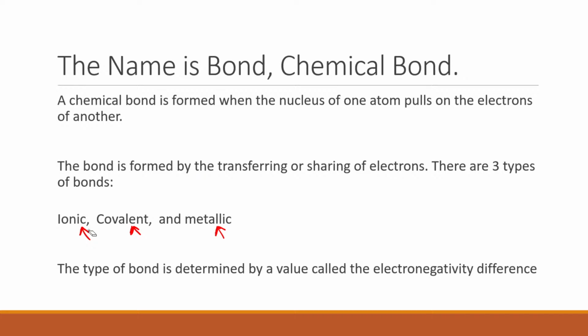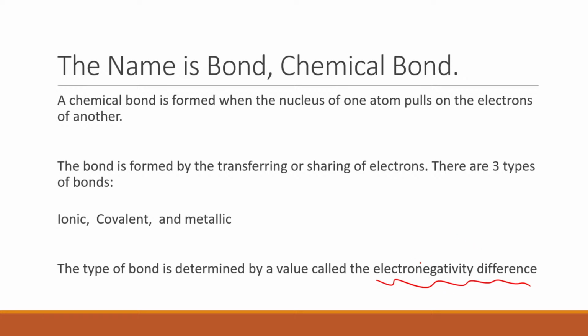But the way we tell what type of bond is going to be made is largely determined by a number called the electronegativity difference. Electronegativity should be a word that rings fairly familiar to us at this point.